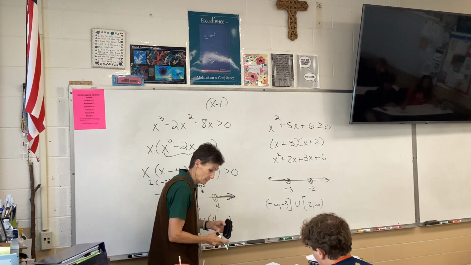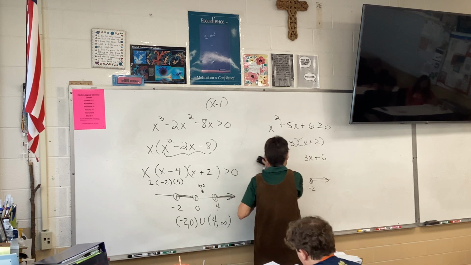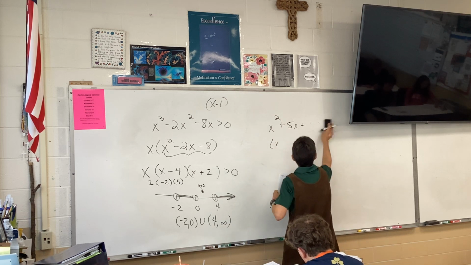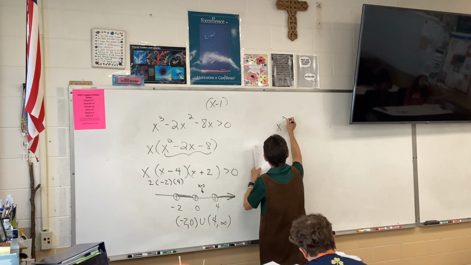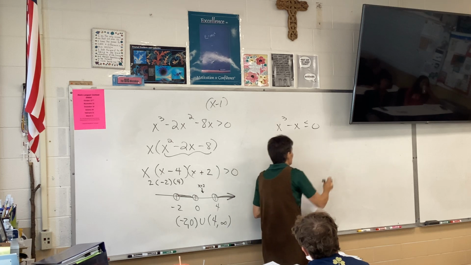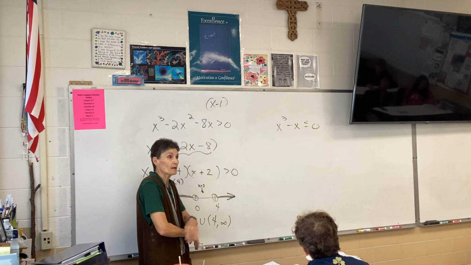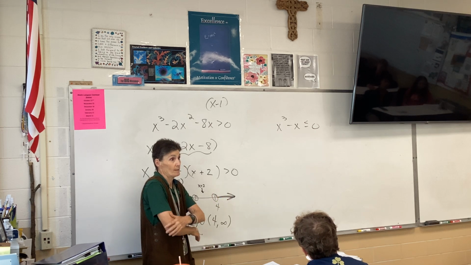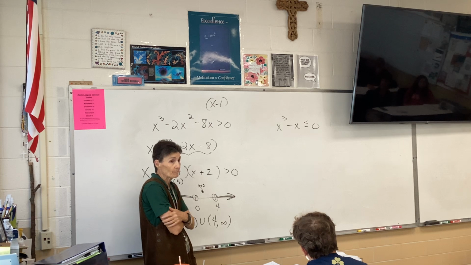All right, let's do one more. Now, it's a cube, which means ultimately I'm gonna have 3 dots on my number line, 3 x's. I gotta get this thing factored.